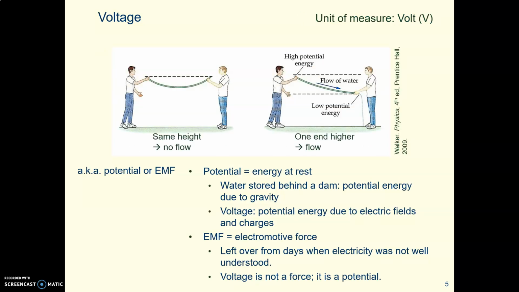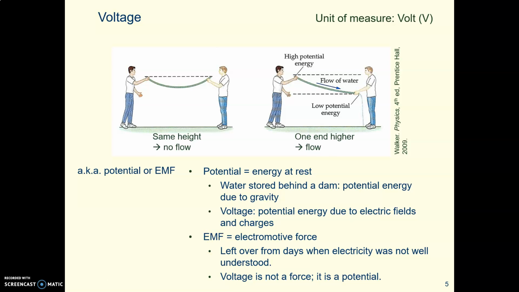You will run into some other words that people use. One word that people use is potential. And that's because we're talking about potential energy. That's what makes voltage, and that's what makes current flow. Another word you will run into is EMF. This is an old-fashioned word from maybe 1 or 2 centuries ago.